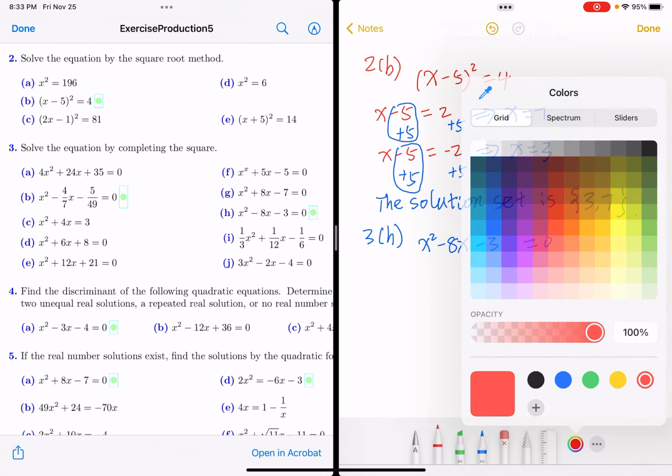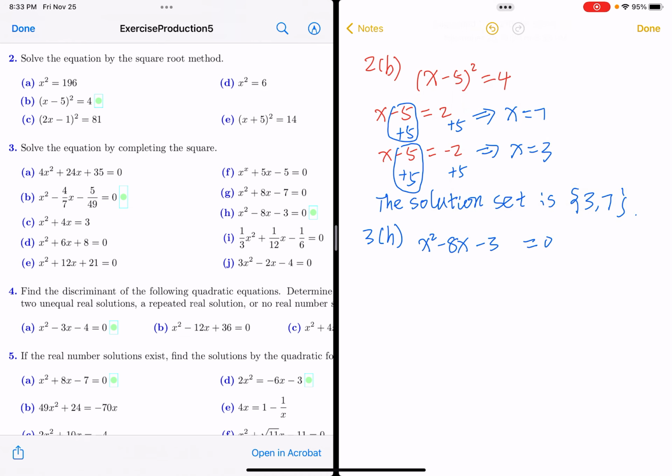So we take 3 to the right-hand side, by adding positive 3 on both sides. We cancel this one. Then x squared minus 8x on the left-hand side, and on the right-hand side we have 3.